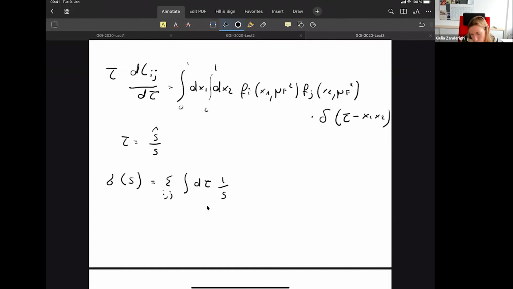The factors of 1 over S you can work out, they're not so relevant. Times S hat sigma hat ij.